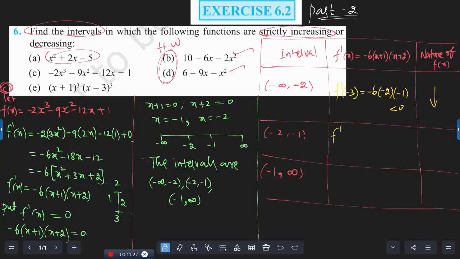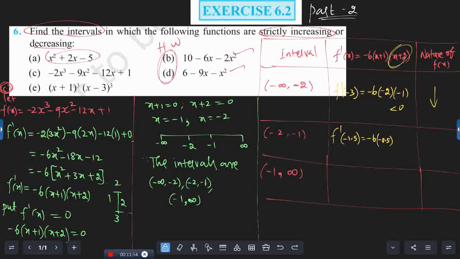And what about the second one? Minus 2 to minus 1. What do we have in between? Any real number you can take. Shall we take a decimal? Minus 1.5, yes, I am taking minus 1.5. So minus 6 into x plus 1, x value minus 1.5, minus 1.5 plus 1. Now what will you be getting? Minus 0.5. Have you understood?